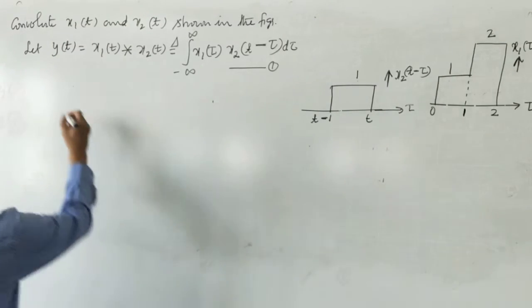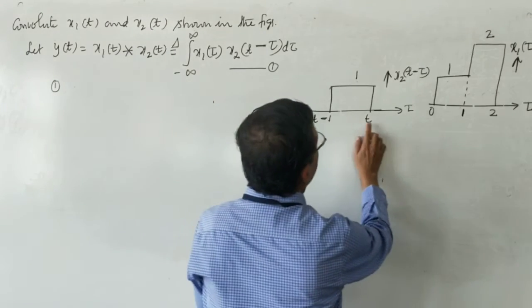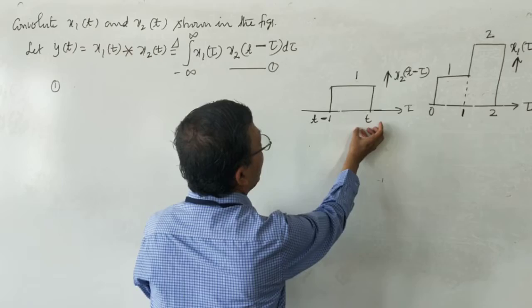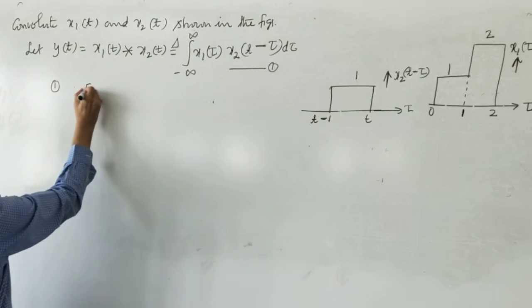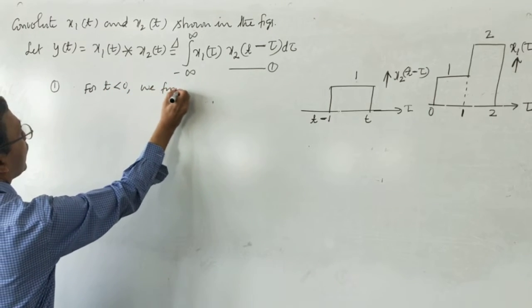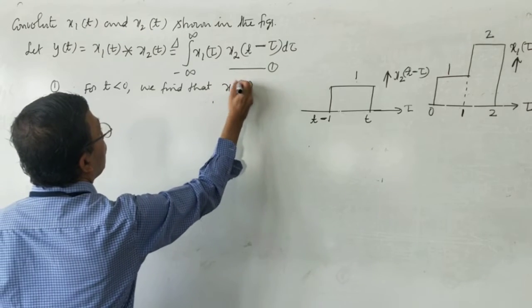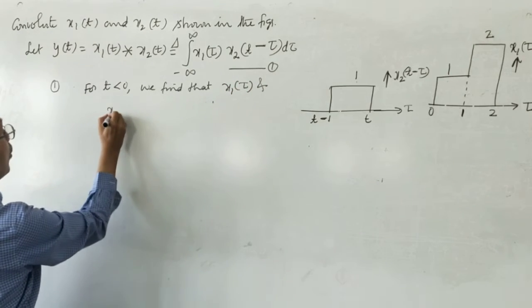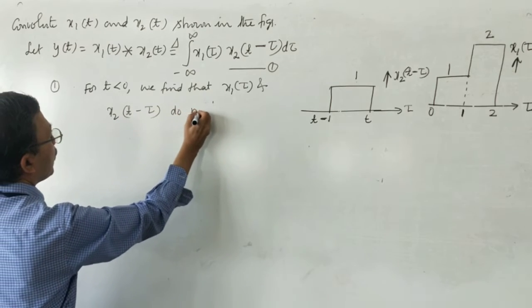Case 1. For t less than 0, for example t minus 1, these two figures do not overlap. For t less than 0, we find that x1 of tau and x2 of t minus tau do not overlap.